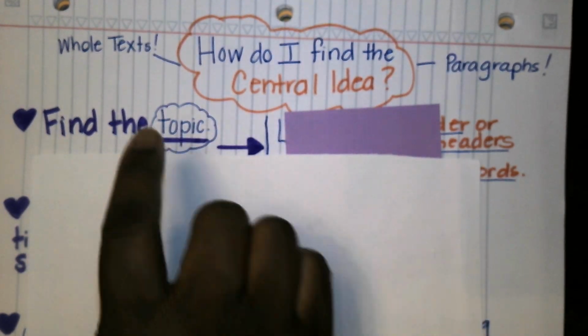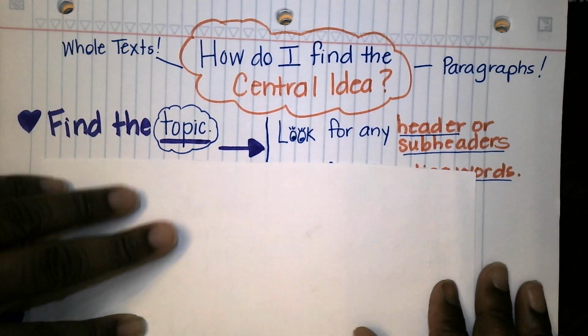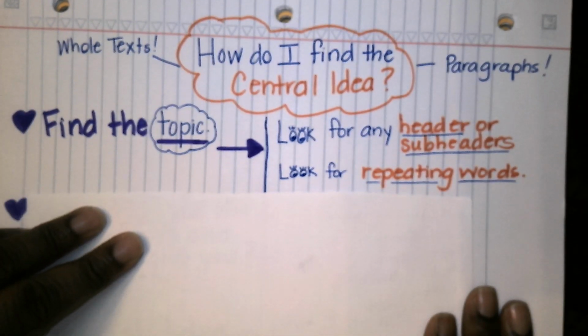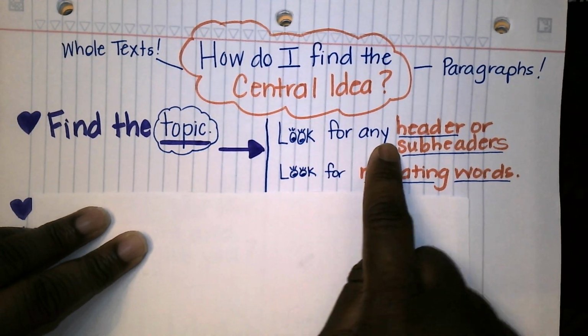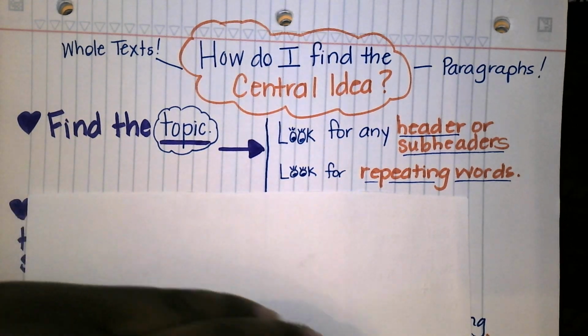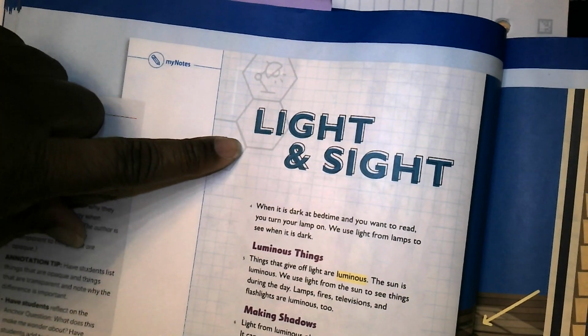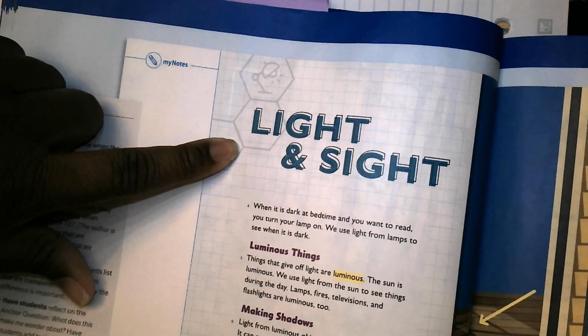So first and foremost, one of the things that you do is you find the topic of that particular section or paragraph. And one of the ways to do that is you're going to be looking for headers or subheaders. And headers and subheaders, as we remember, are sort of like titles, but they're not, right?